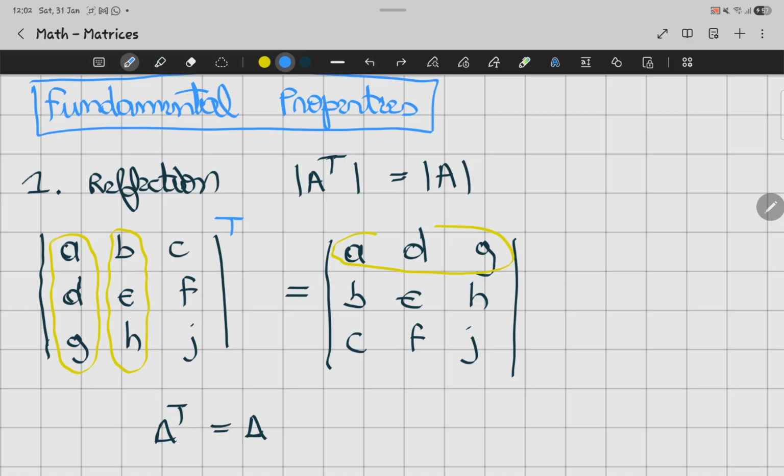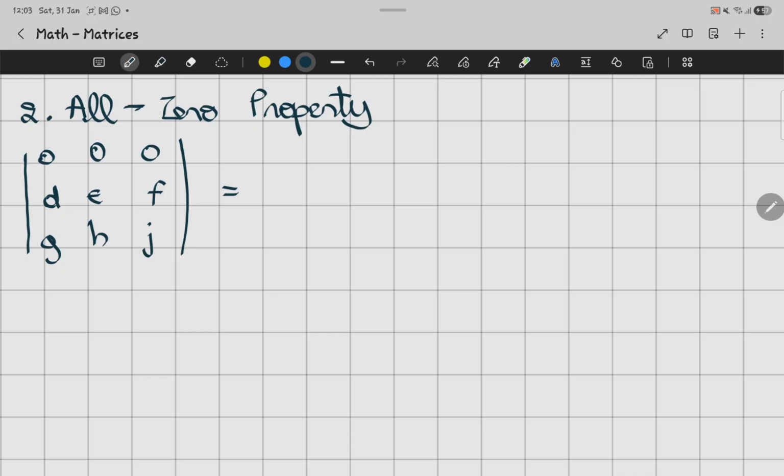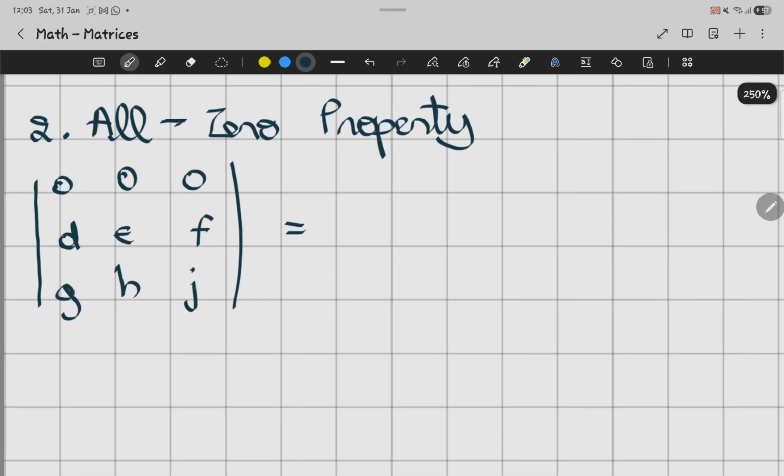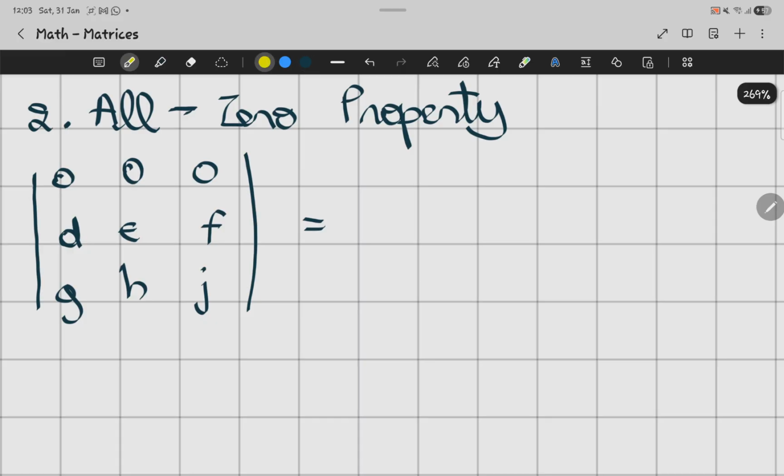Okay, let's see another property. This is another case that we're going to cover: the all-zero property. Whenever you see repeated zeros in a row or maybe a column, you should know the answer for this matrix will be 0.